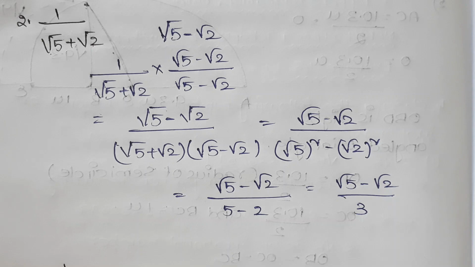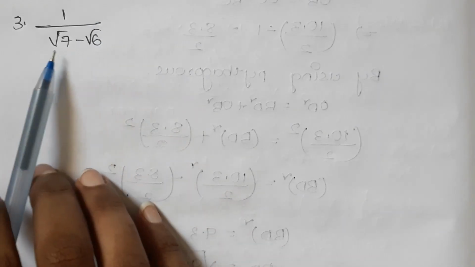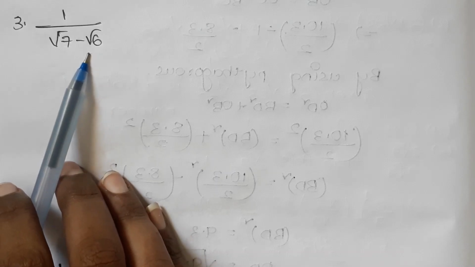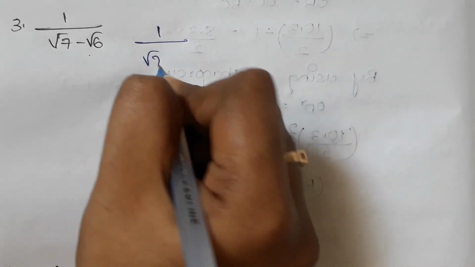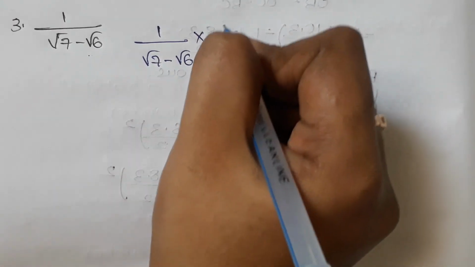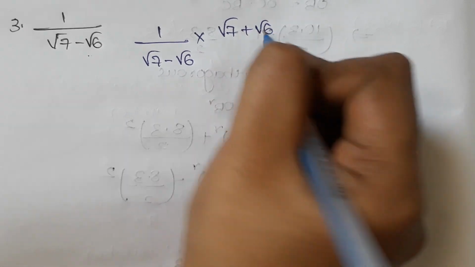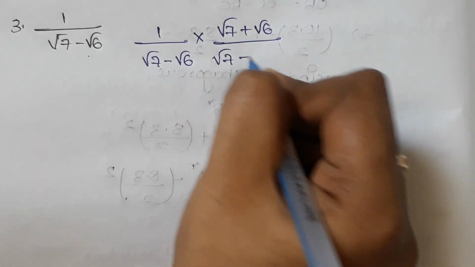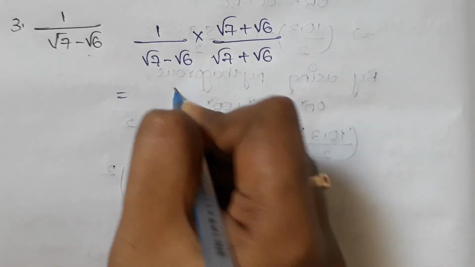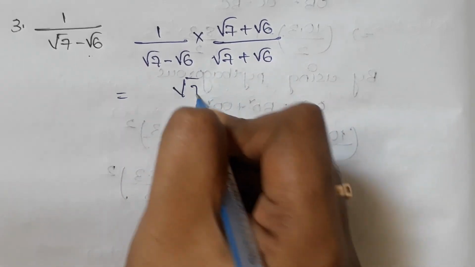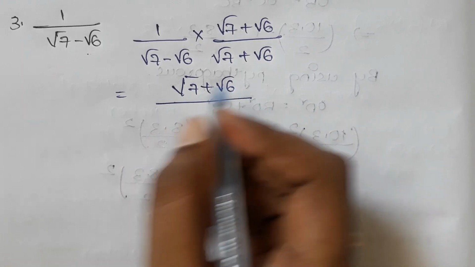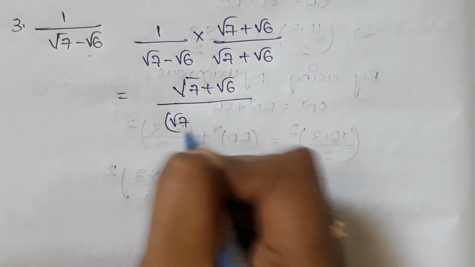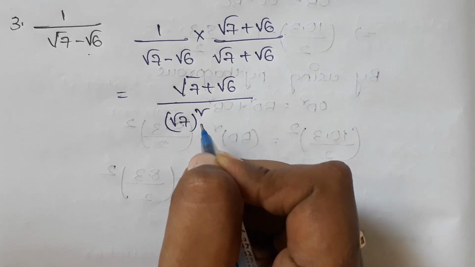Now let us see the third question, that is 1 by root 7 minus root 6. Now multiply and divide with root 7 plus root 6. From this, 1 into root 7 plus root 6 is nothing but root 7 plus root 6 divided by a plus b into a minus b, which is a square minus b square.